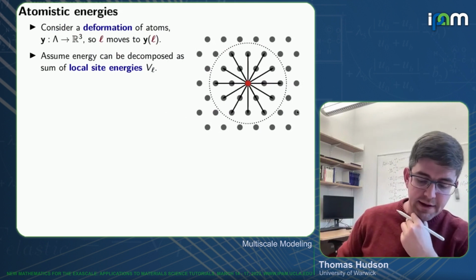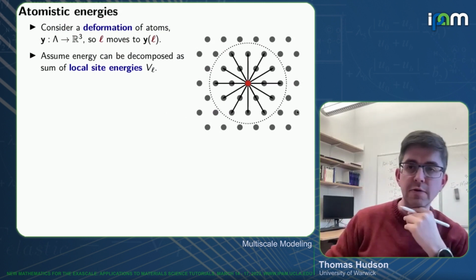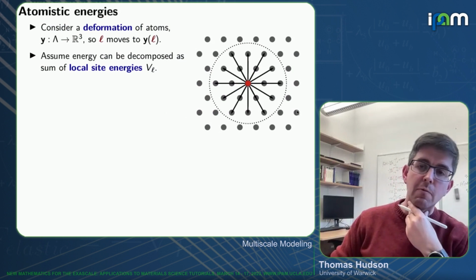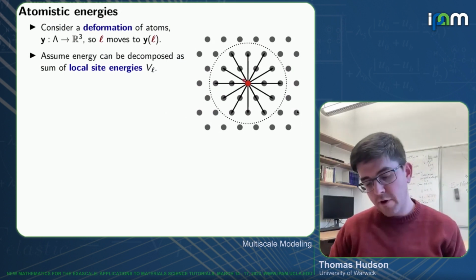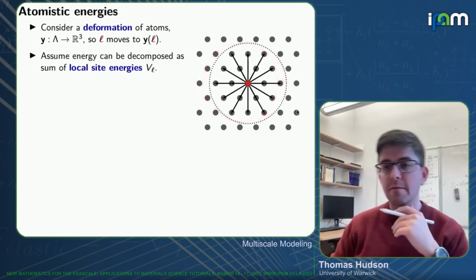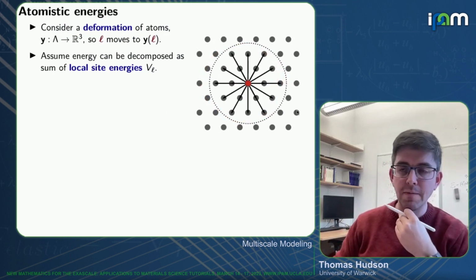The next thing that we typically have in most molecular models, at least for many-body type potentials, is a local site energy. So we have some way to turn the environment of this atom into an energy that really depends on some local environment that doesn't stretch too far.